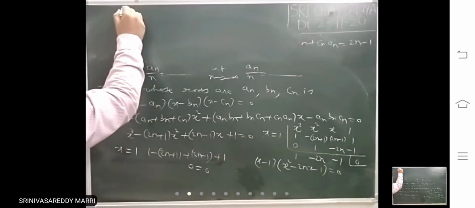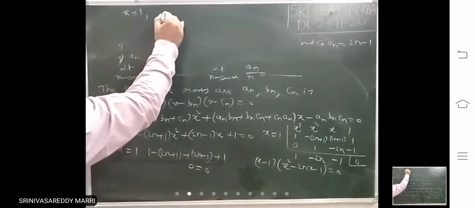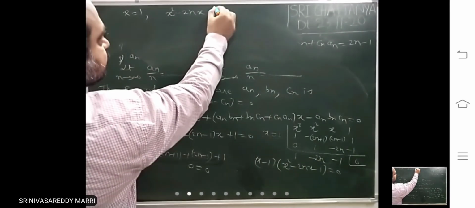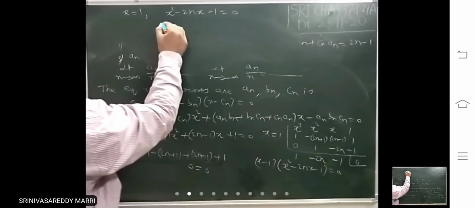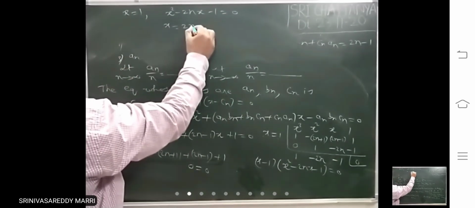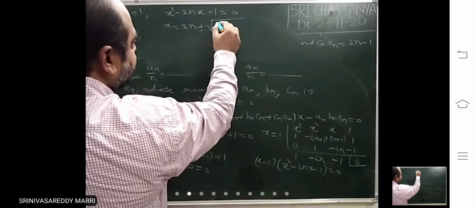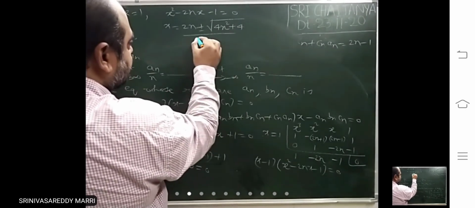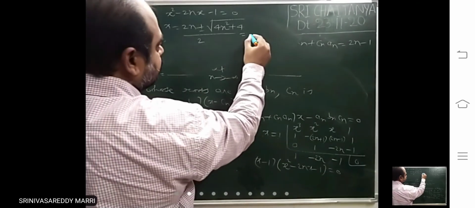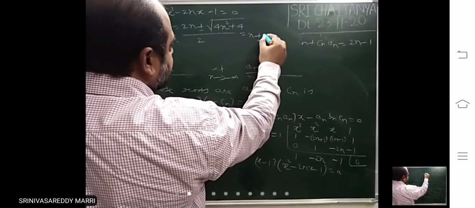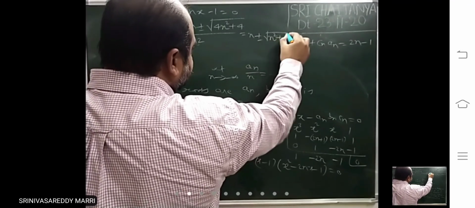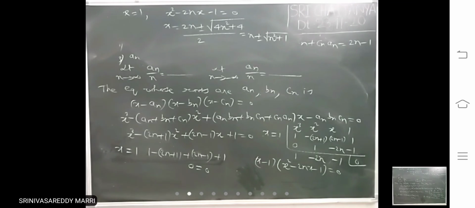One root you got, I am writing above, and the other roots you can calculate by using the quadratic formula, minus b plus or minus root of b square minus 4ac, giving n plus or minus root of n square plus 1.